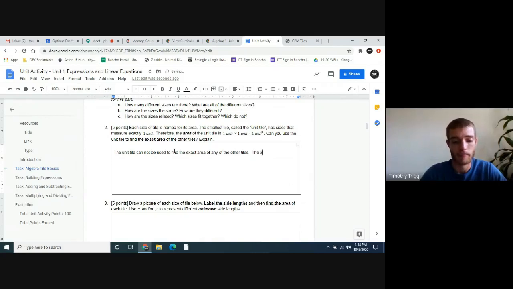The "x" length is somewhere between 2 and 3 units, and the "y" length is somewhere between 3 and 4 units.